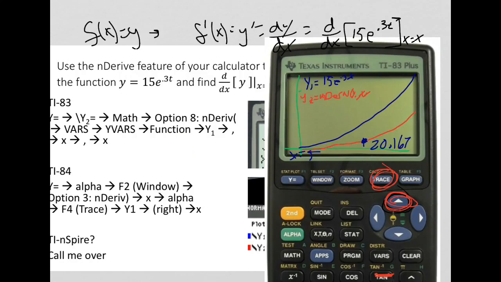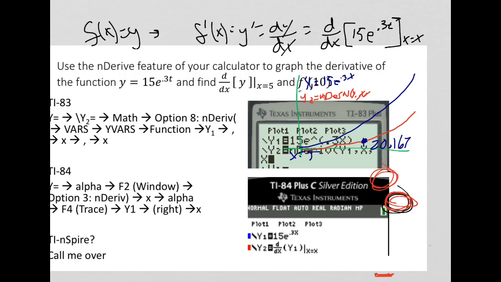And again, that is what this notation up here is talking about. This says take the derivative of the function y at the x value of 5. Then you could type in the x value of 10 to know the derivative at 10. But you have to make sure that you're on the derivative function and not the original function.